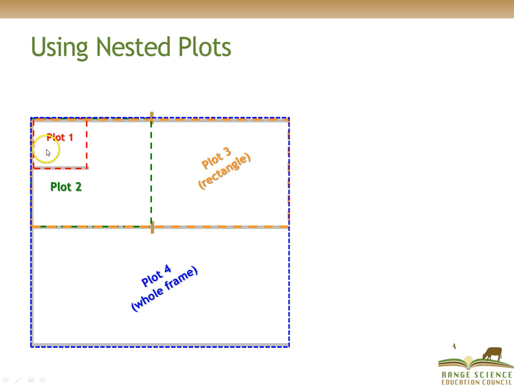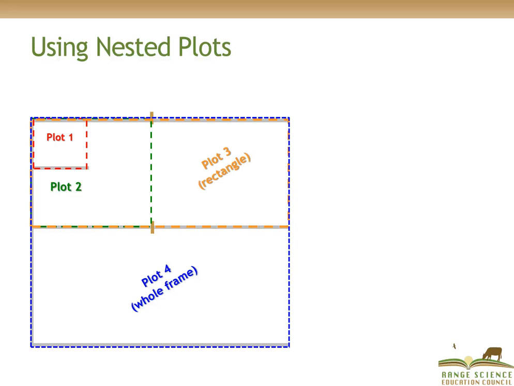We have the smallest plot size 1, which is contained in plot 2, the next largest size plot. Plot size 3 is larger still and contains plot 1 and plot 2. And then the whole frame, the largest plot size, is considered plot 4, and it includes all of the other quadrats. That's why we call these nested quadrats.